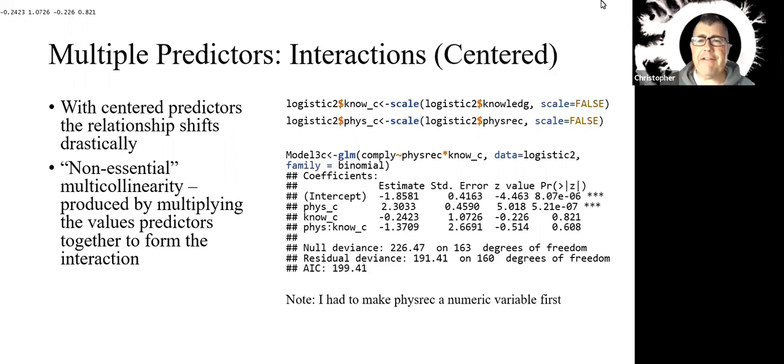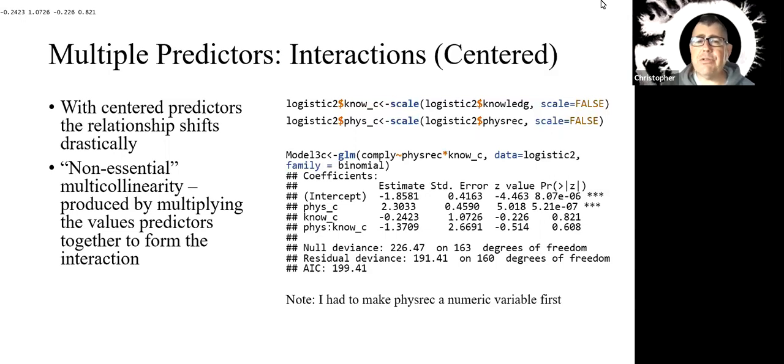Again, the issue that we have here, and we saw this issue earlier in the semester, is that if we multiply variables together to create an interaction term, that produces a lot of what's called non-essential multicollinearity. The basic issue there is that you've got physician's recommendation and knowledge, and they have strong correlations with the interaction term, and we'll take a look at that in a second.